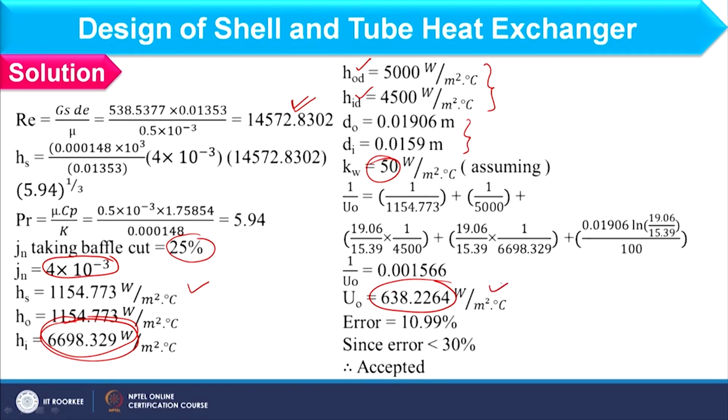If you compare this with the assumed value, which was 575 watt per meter square degree Celsius, we can find the error as around 11%, which is less than 30%, and so the heat transfer coefficient whatever you have calculated is acceptable. So once I have the heat transfer coefficient in shell side and tube side, I have calculated the overall heat transfer coefficient and compared it with the assumed value.